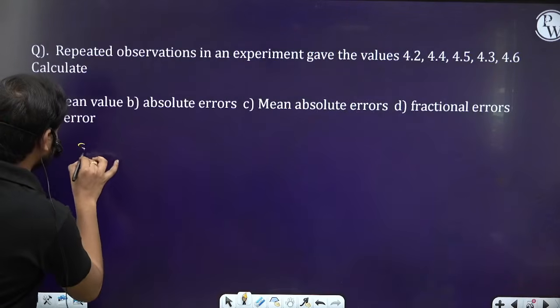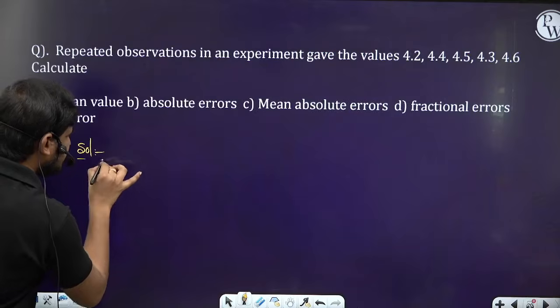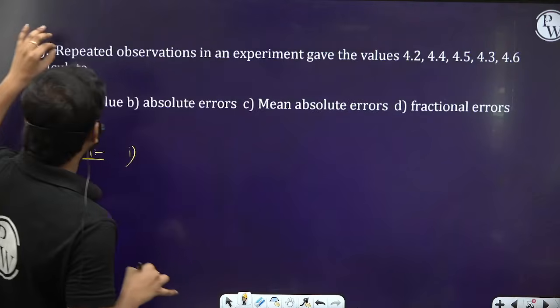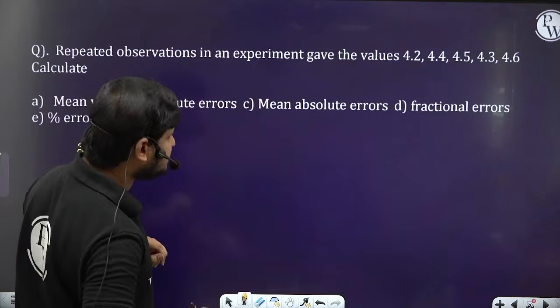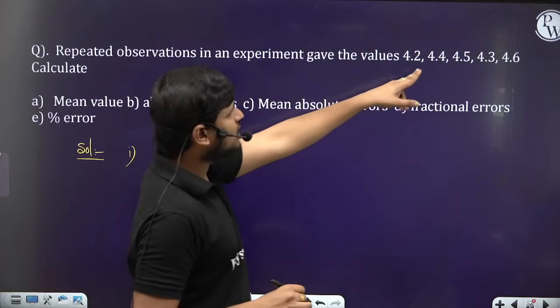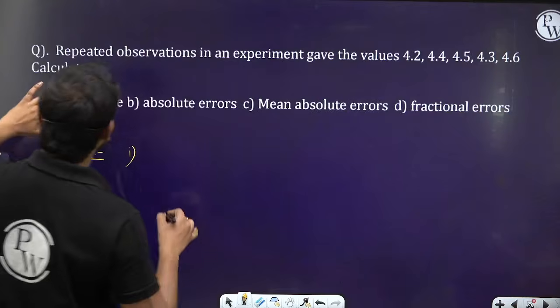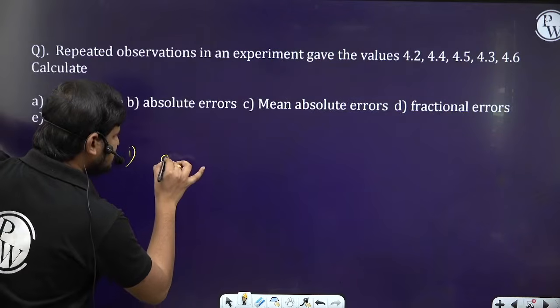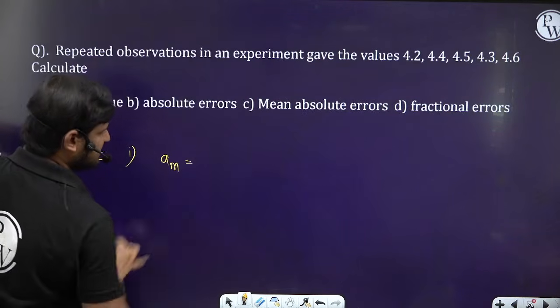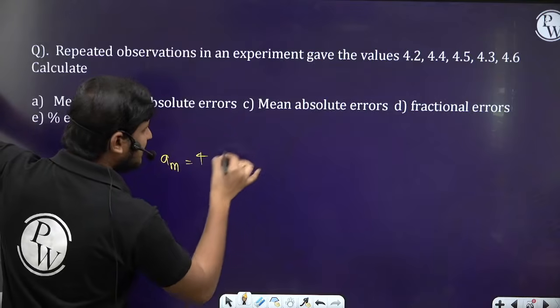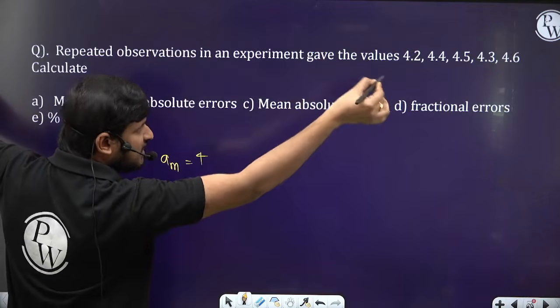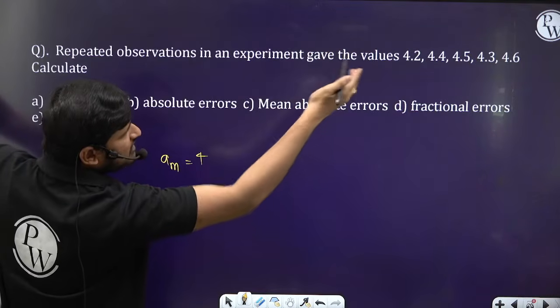See the first question, just pause the video and try along with me. Repeated observations in an experiment gave the values 4.2, 4.4, 4.5, 4.3, 4.6. Calculate the mean value. Mean value means AM, we are finding first. AM is A1 plus A2 plus A3 plus A4 plus A5. Total how many are there? 5 are there.